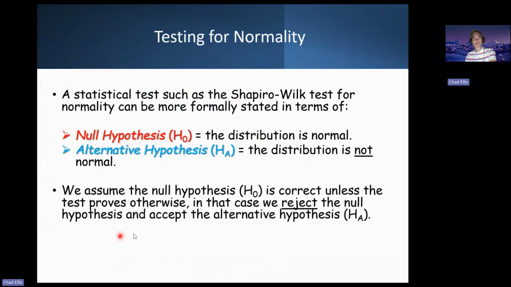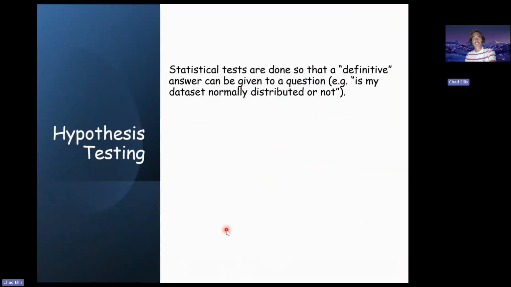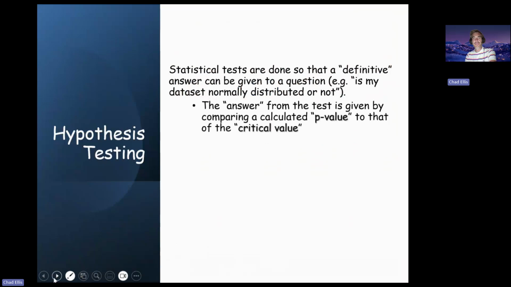Right, so the idea is that we always assume that the null hypothesis is correct, that our data is normally distributed, unless our statistical test, in this case the Shapiro-Wilk test, tells us to reject that null hypothesis and go with the alternative hypothesis, in this case that our data set is not normally distributed. So again, the advantage of these statistical tests like Shapiro-Wilk is that they give us a definitive answer whether we can consider our data set to be normally distributed or not.